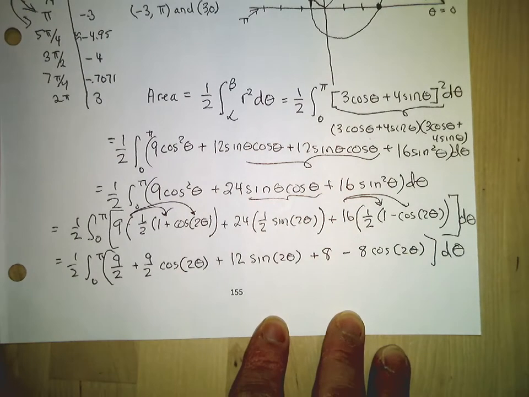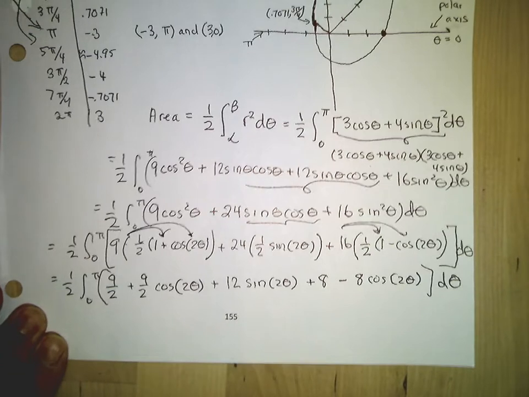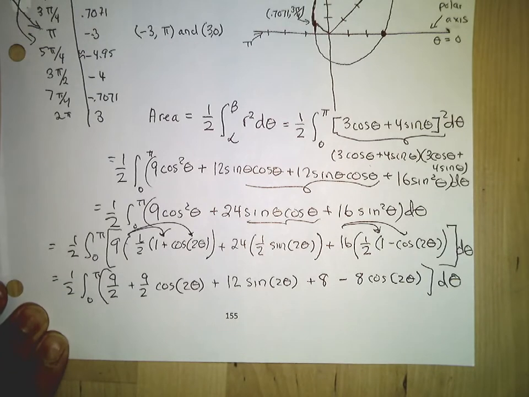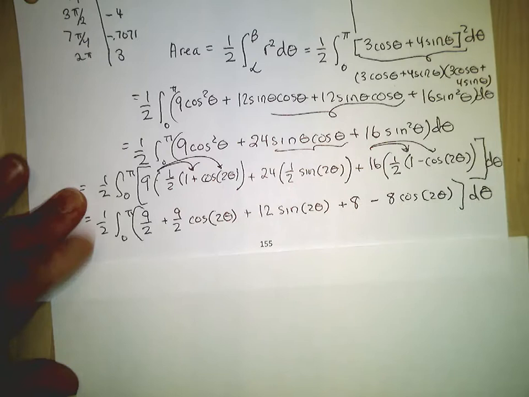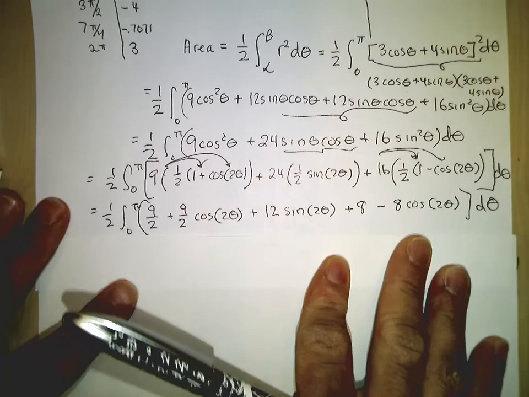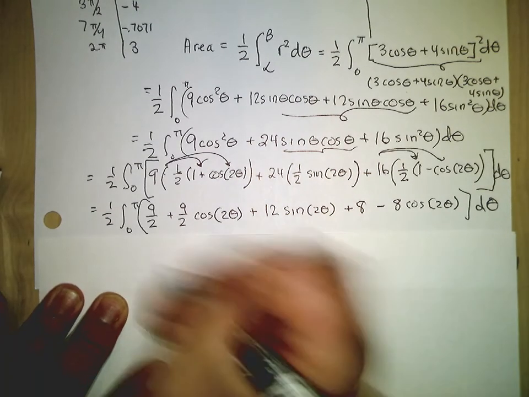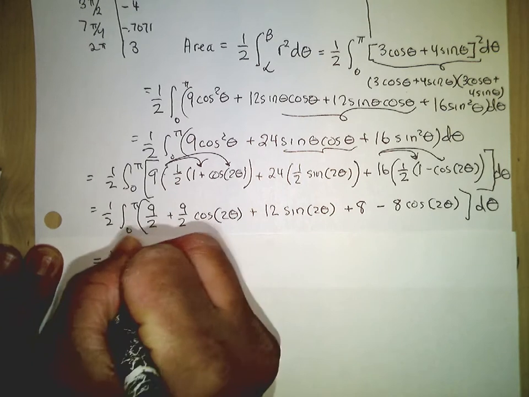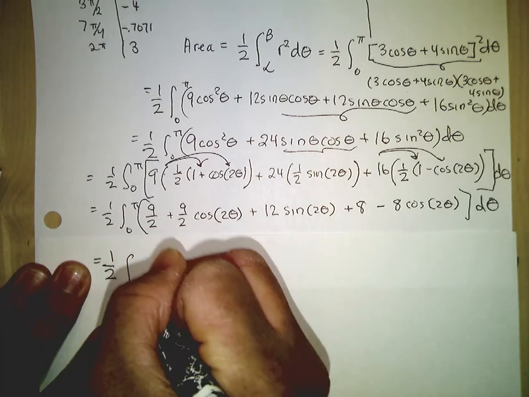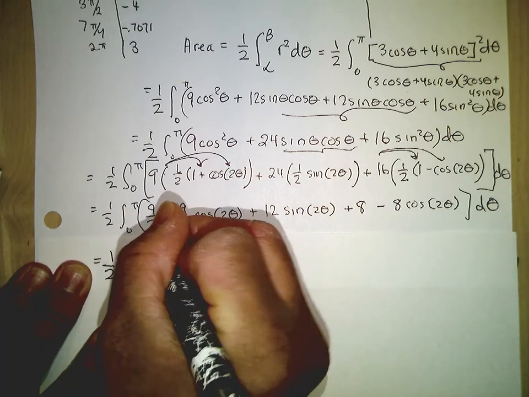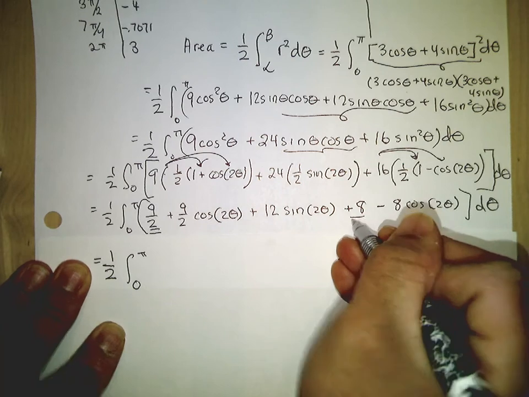Now I will combine the like terms here. Let me get another piece of paper here just so that I don't scrunch everything together and make it too hard for you to read, because your comfort is my number one priority. So this will be equal to 1/2, 0 to pi, 9/2 plus 8.